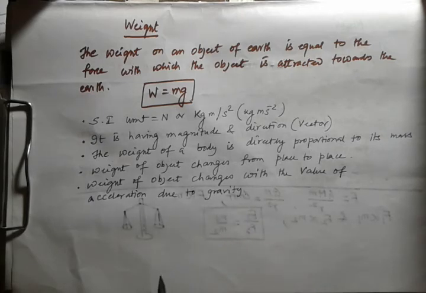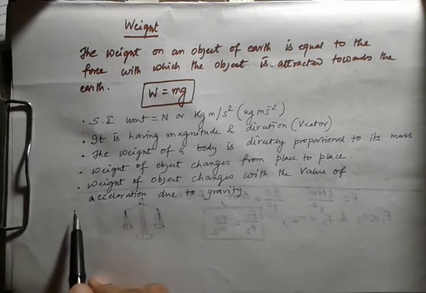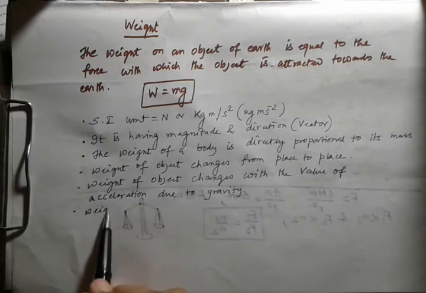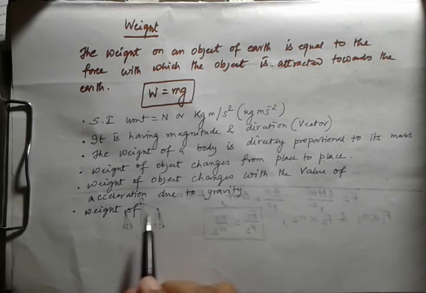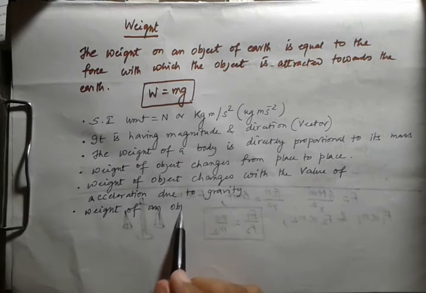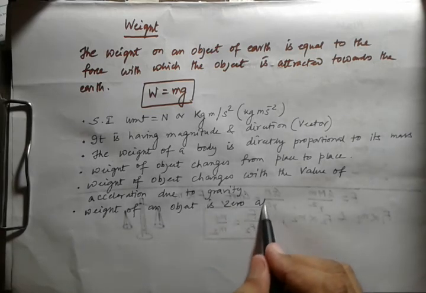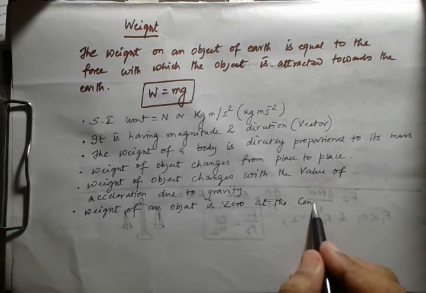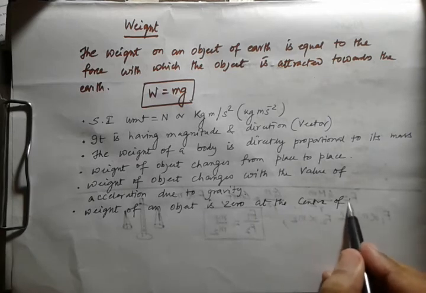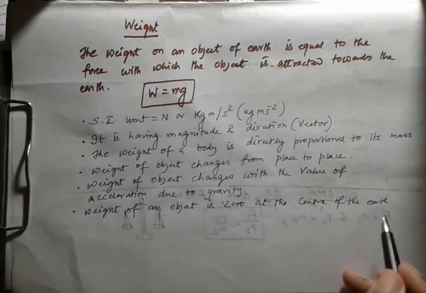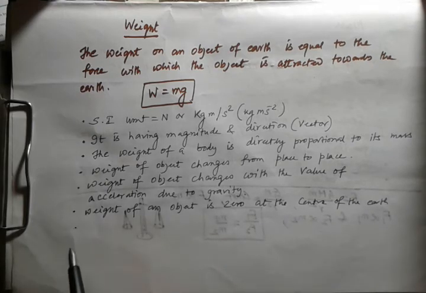So an object weighs more at the pole than at the equator. The weight of an object is 0 at the center of the earth. And the weight is measured with the spring balance.